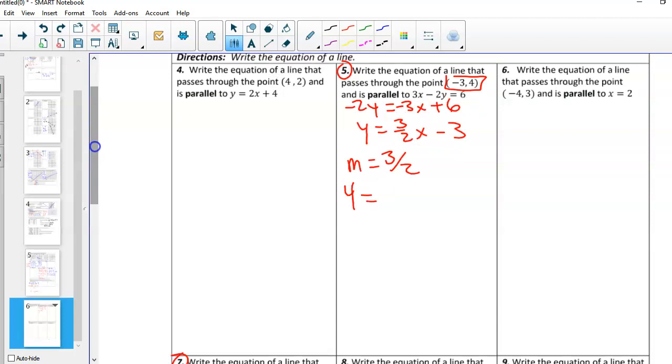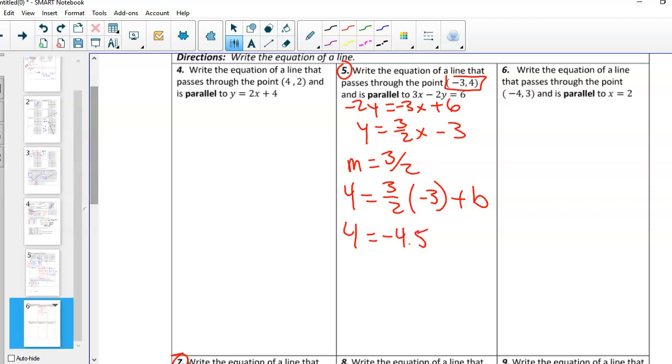So 4 equals 3/2 times -3 plus b. What does 3/2 times -3 equal? -4.5, because it'd be -9/2.